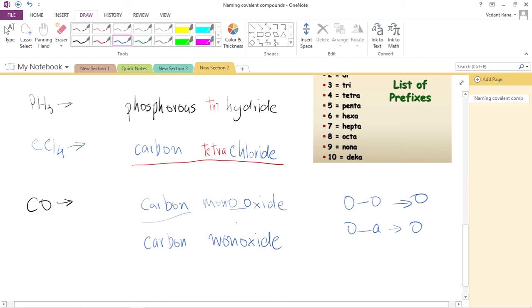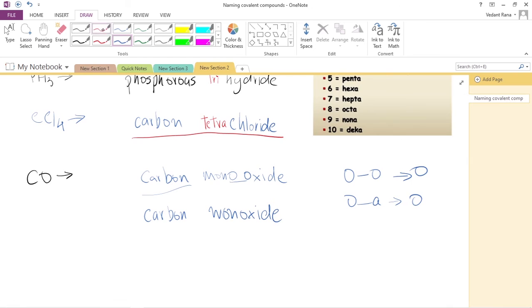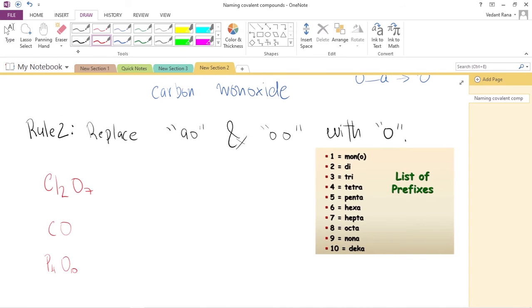We replace the two O's with a single O. So that was rule number 1. The second rule we touched upon briefly above, and this one says we replace AO and OO with O.